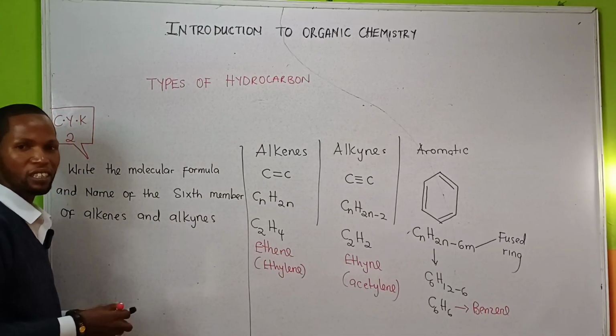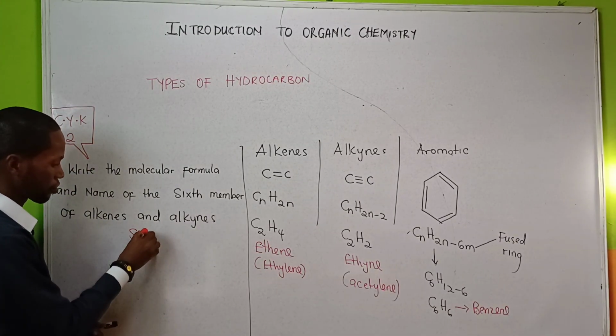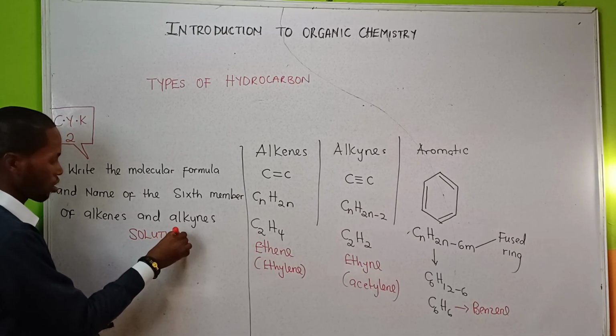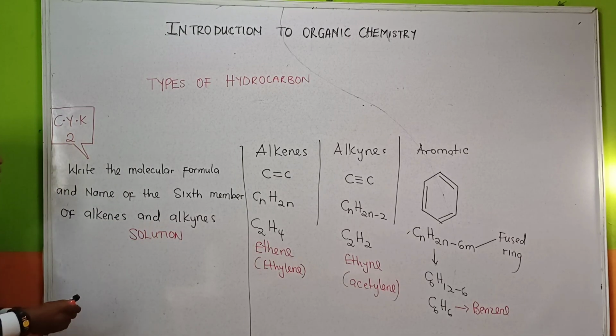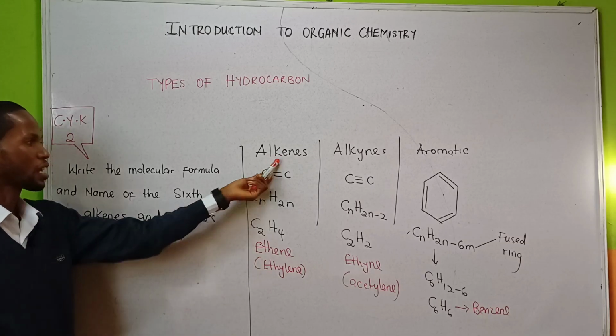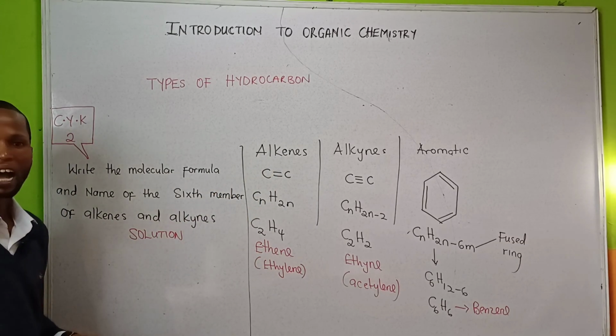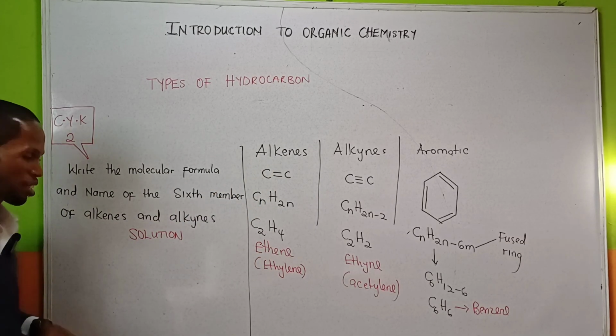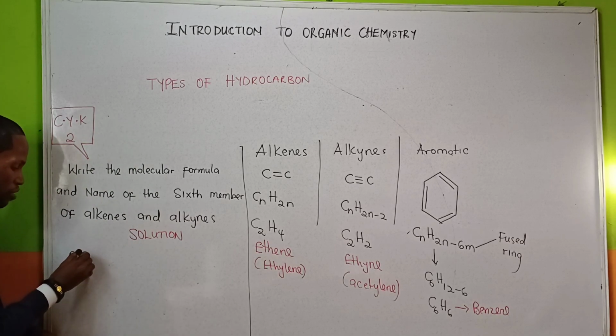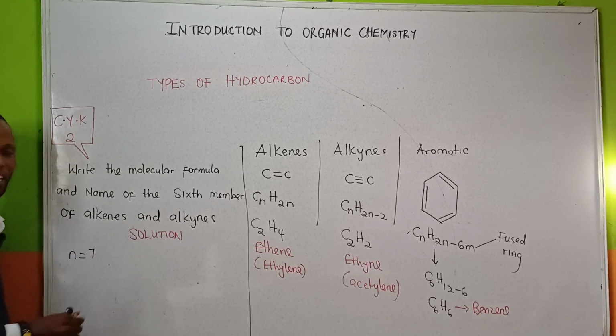All right, let's take the solution together. The sixth member of the alkene will have what value of n? n to be 7.